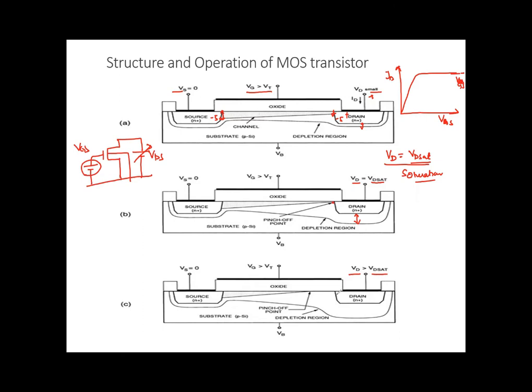After that, the channel gradually starts reducing. So now you are having some increase in this voltage, current, like this. And you can see the depletion region is going to be more and more. The reason for that is this is N, this is P, and you are applying positive potential here.